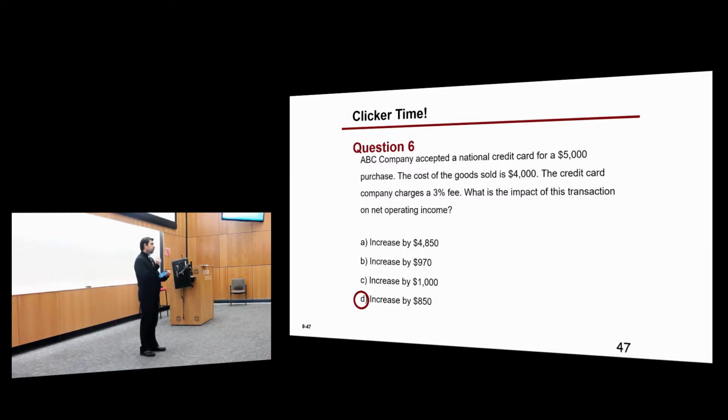So as far as you are concerned as a company, this was a sales revenue, right? When sales revenue increases, what happens to net income? Net income also increases, right? Revenues increase net income because net income is equal to revenues minus expenses. So you have 5,000, this is plus 5,000.